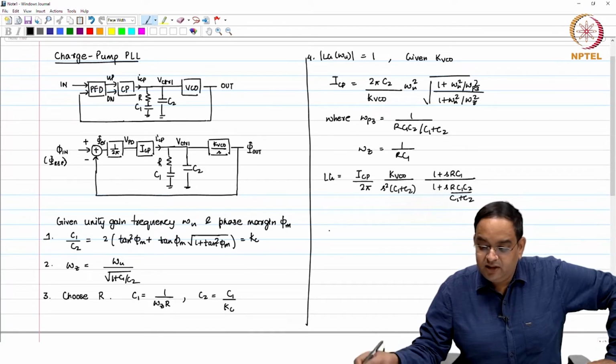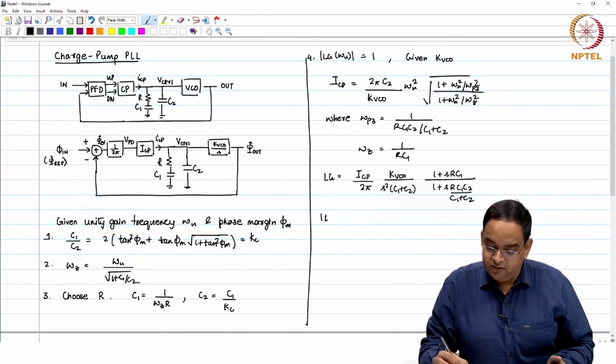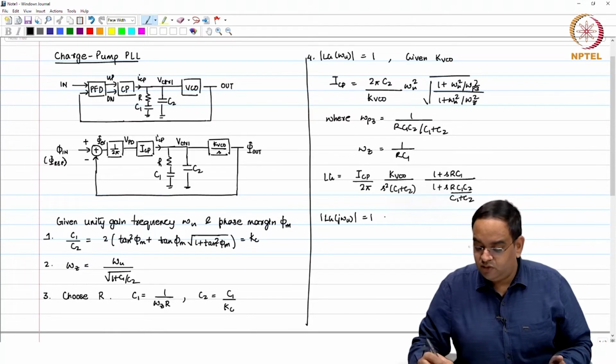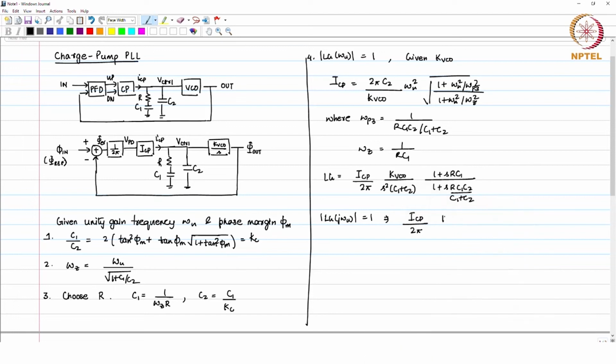First I wrote the final equation, but now just to help you see how you will find it, this is equal to 1, which implies ICP by 2 pi times KVCO, whole divided by omega u square times C1 plus C2, times square root of 1 plus omega u square by omega z square divided by 1 plus omega u square by omega p3 square.